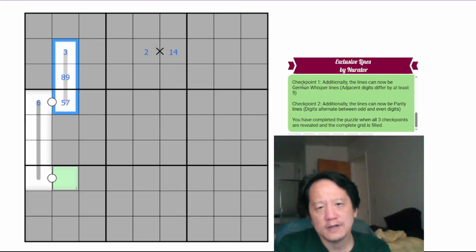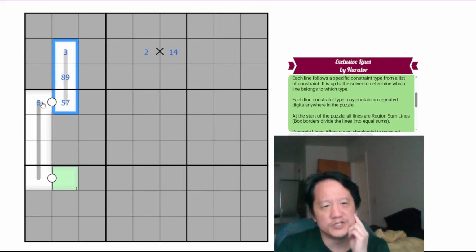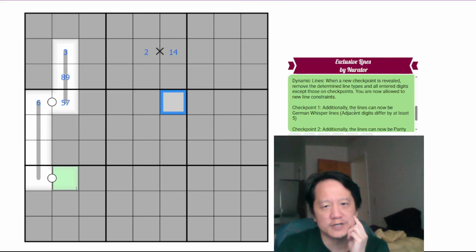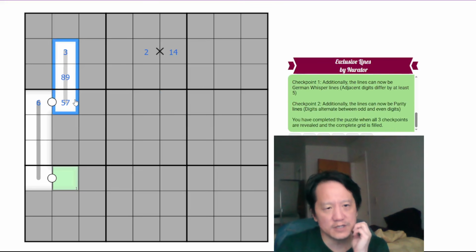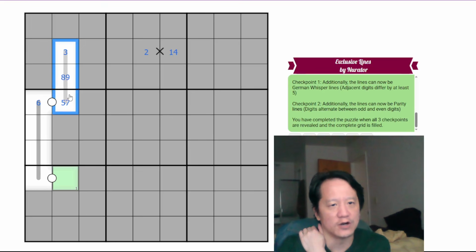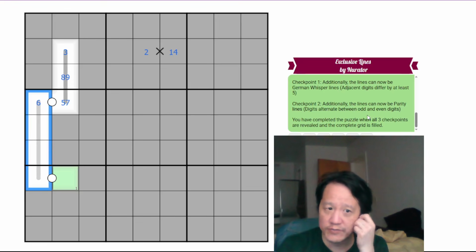So again, I think it starts off that these are region sum lines. And once you reveal the second checkpoint, I assume you basically no longer know what these lines are. The lines could still be region sum lines, or they could be whisper 5 lines after revealing checkpoint 2.